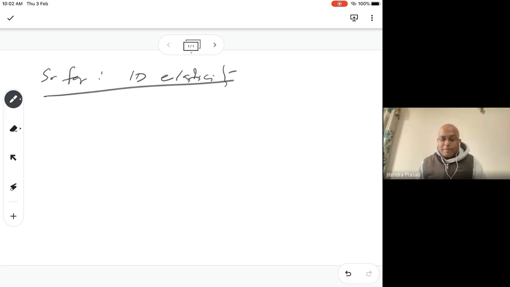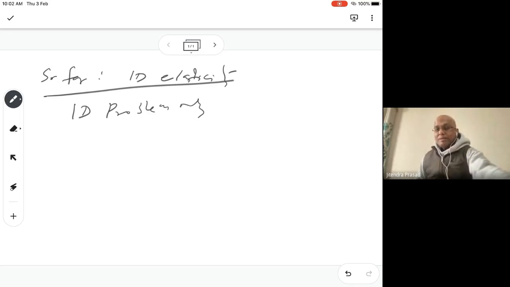However, there are many other kinds of problems that can be solved using finite element analysis. And of course, right now we are talking about 1D problems only. So the first thing, of course, is the elasticity problem that we are familiar with.